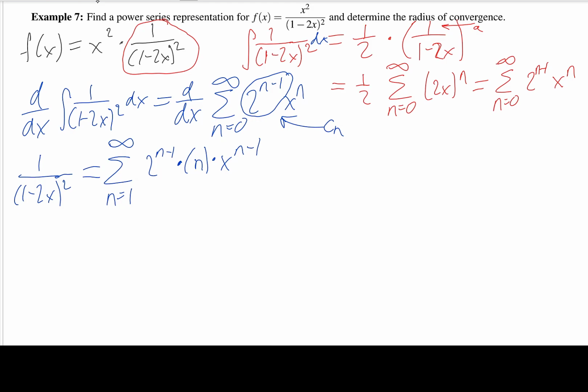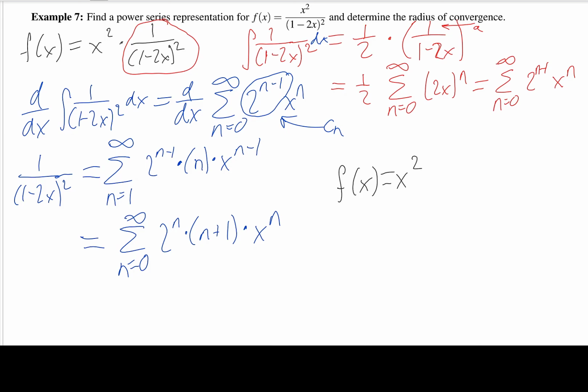Okay. And so then if I want to change this to a starting index of 0, then this is 2 to the n times n plus 1 times x to the n. Okay. So now we'll go back to where we started. F of x is going to be equal to x squared times 1 over 1 minus 2x squared.